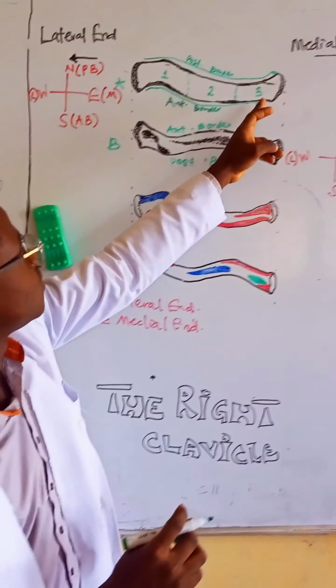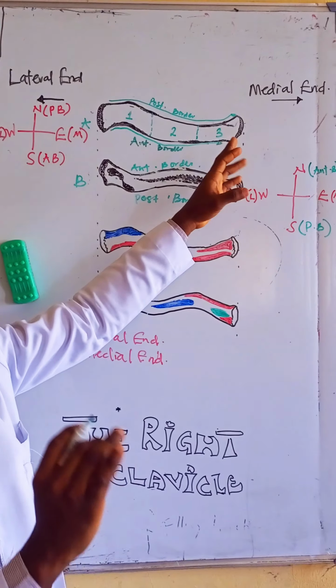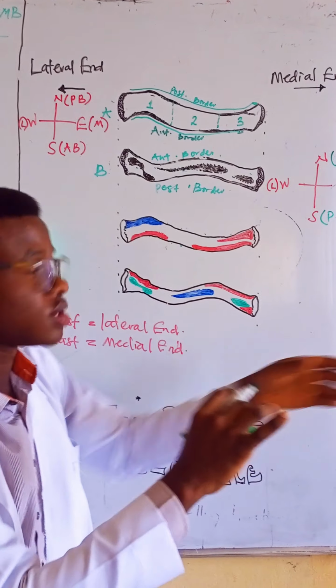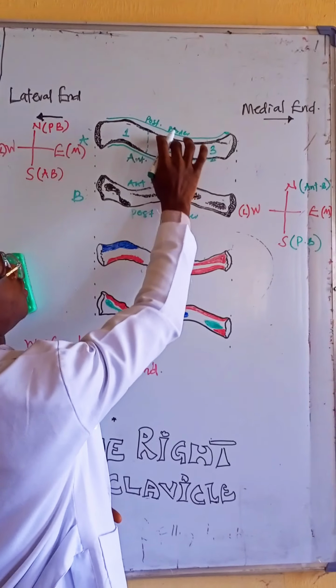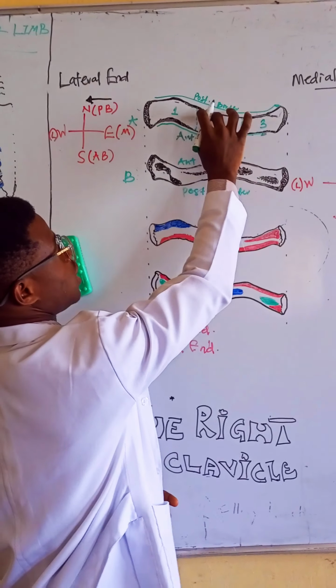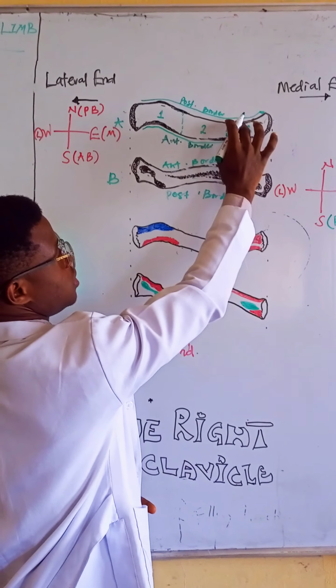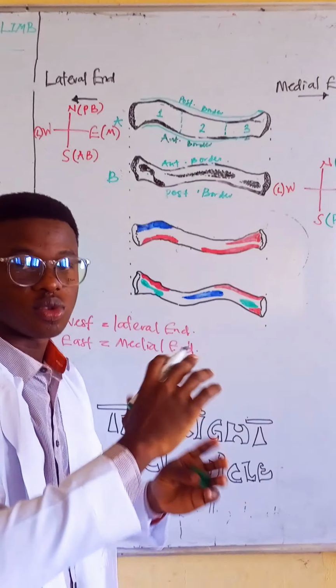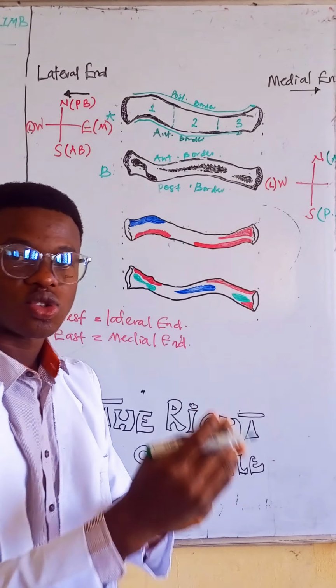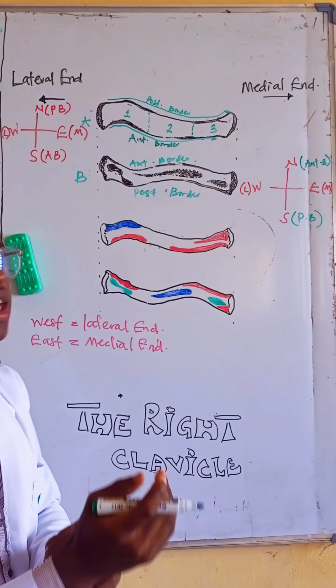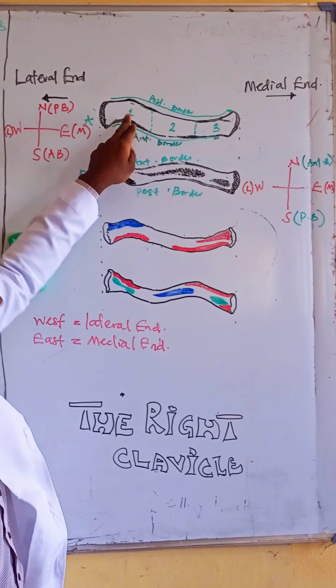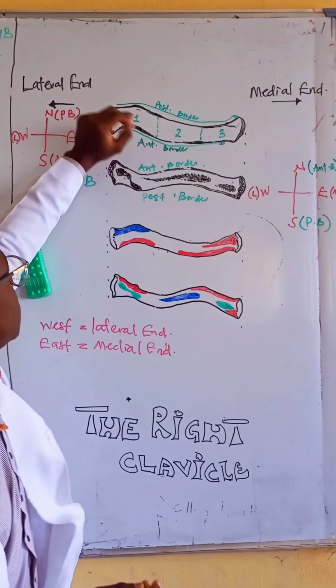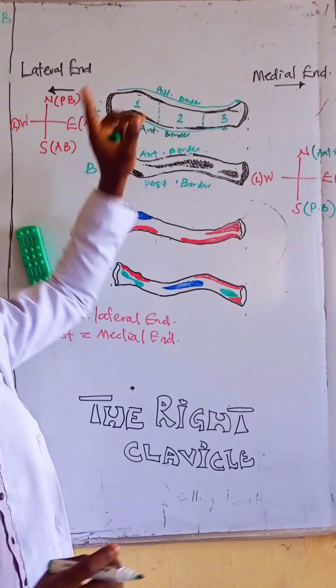So from here, this is why it is called the medial two-third, having a share of the middle side and the medial side. So roughly we'll just call it the medial two-third. And then we are left with just one share. So this one here will be having just one share.